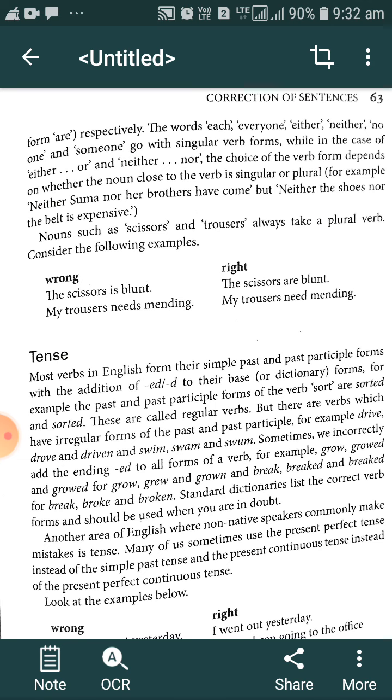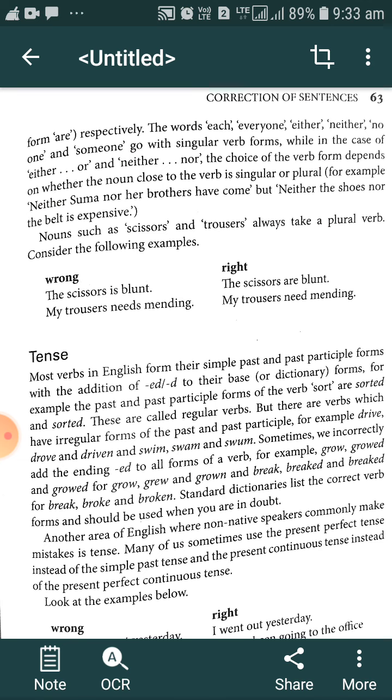For example, "Neither Suma nor her brothers have come," but "Neither shoes nor belt is expensive." If you see carefully both sentences, in "Neither Suma nor her brothers have come," the nearest noun to the verb form is brothers. Brothers is near to have.